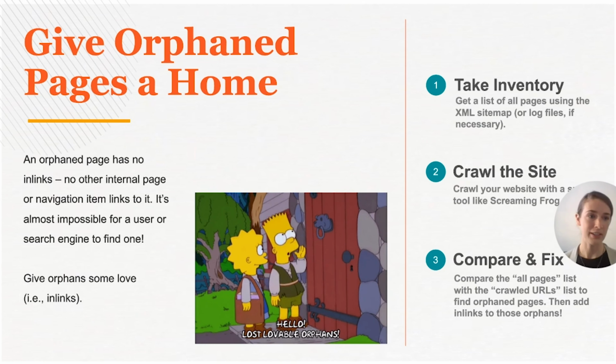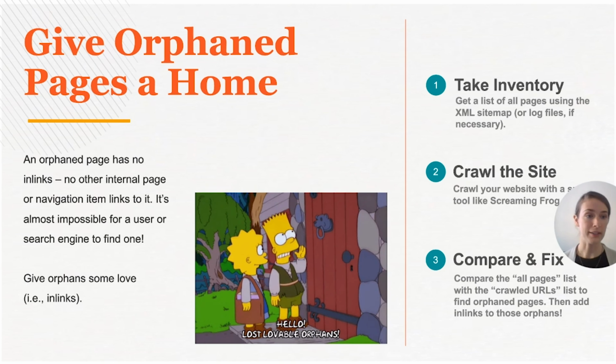First, we are going to grab all the URLs from our website using the XML sitemap ideally. But if you don't have an accurate or an up-to-date XML sitemap, you can use log files if you need to get a list of all the URLs on your entire website.